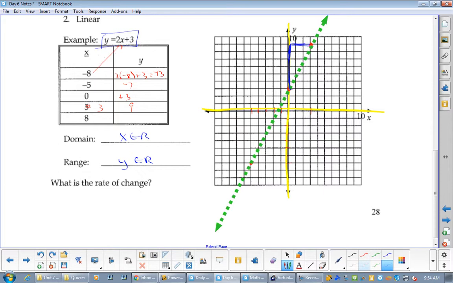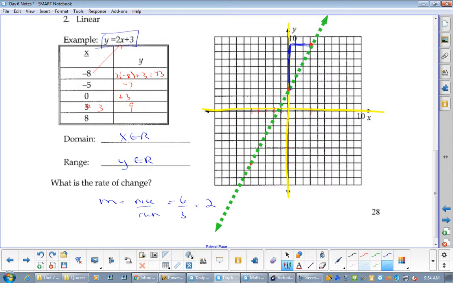So what's my rise? So m equals rise over run equals 6 over 3, which equals 2. So the rate of change is 2. Okay? So that's kind of summarizing the whole unit. We did domain and range, we did fill in a table, we did graphing, we did slope.